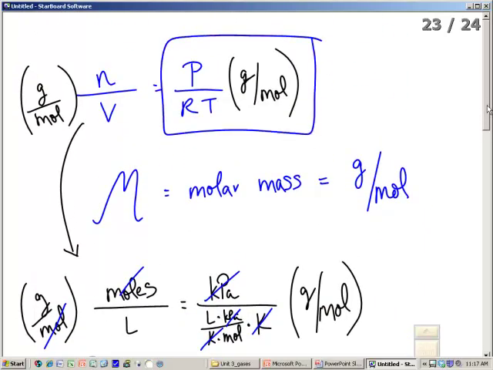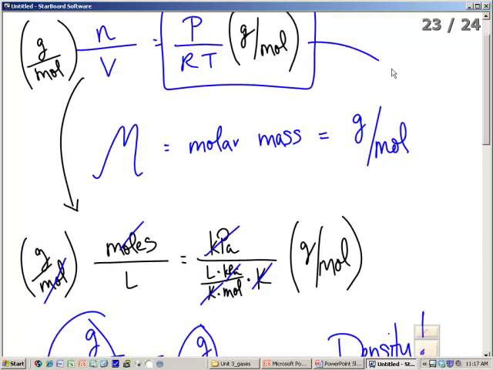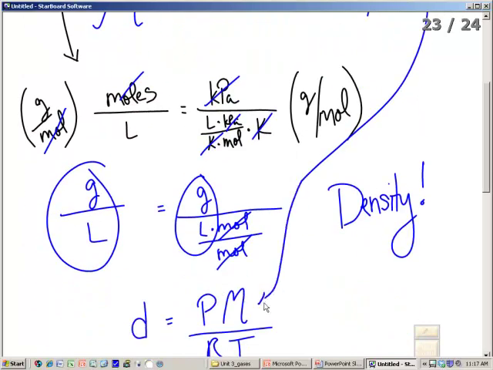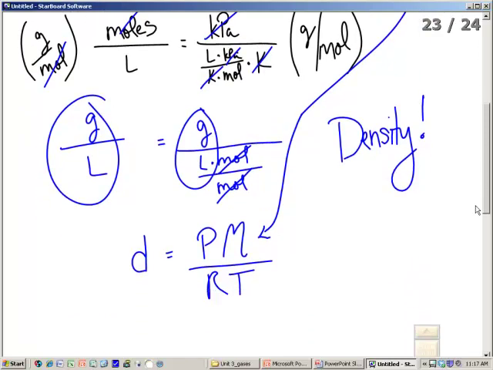P over RT and that molar mass, grams per mole. That is what I just turned this into. We realize that this is equal to density. When you cross-cancel all of your units, you will be left with grams over liters when you multiply P over RT by the molar mass. So, fabulous.